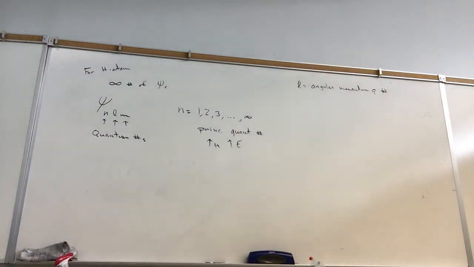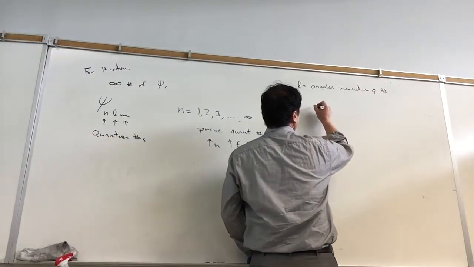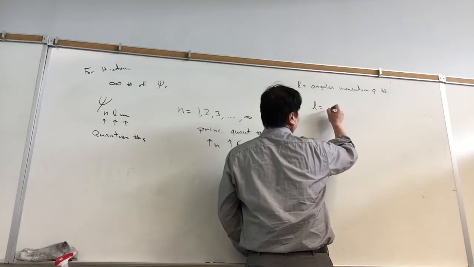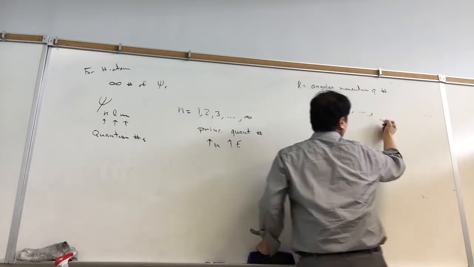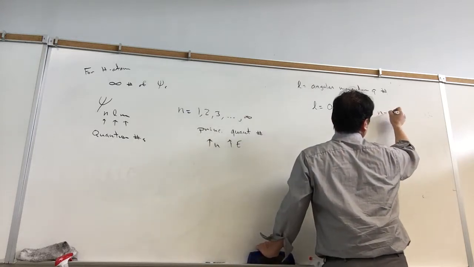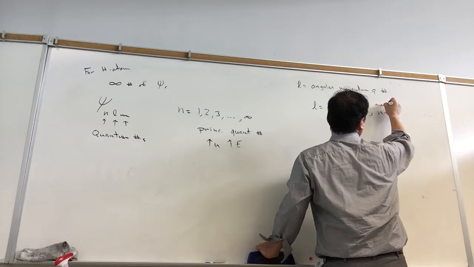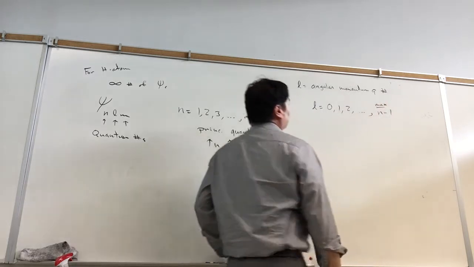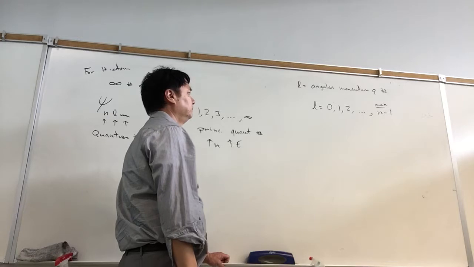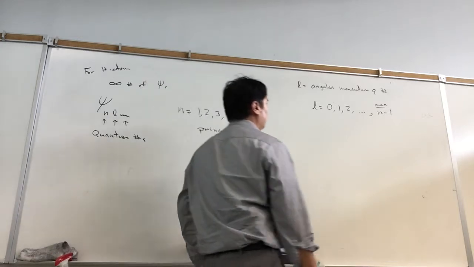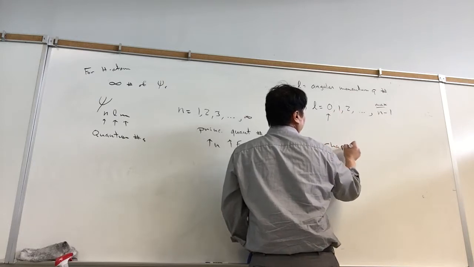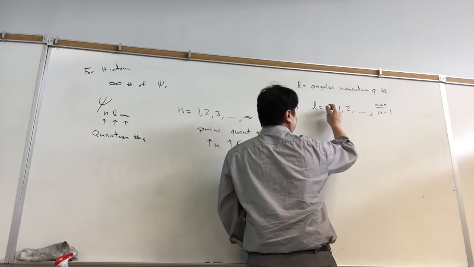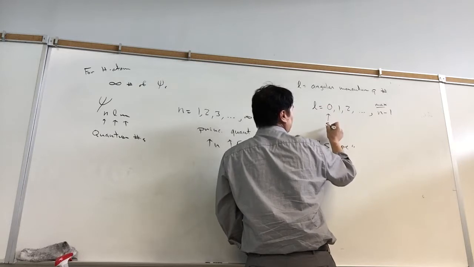L tells us a bit about the shape of the particular orbital, and the L values that are allowed are 0, 1, 2, all the way to a max of n minus 1. These give us the shape of the particular orbital, because an L equals 0 is called an s orbital.